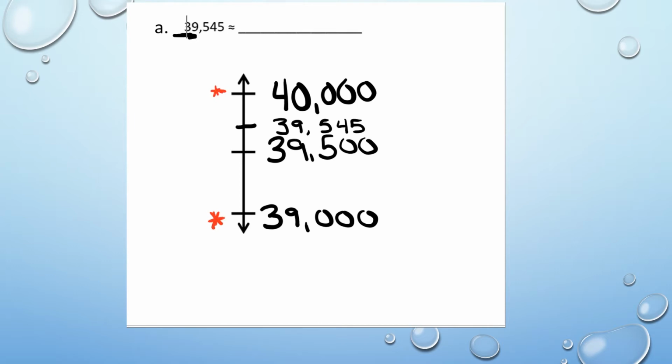The middle number is there to help me figure out which is closest to my original number. Is 40,000 closer, or is 39,000 closer? Because I put my 39,545 above the midline, I know that it's closest to 40,000, and that's my answer.